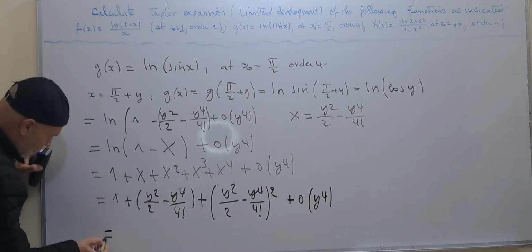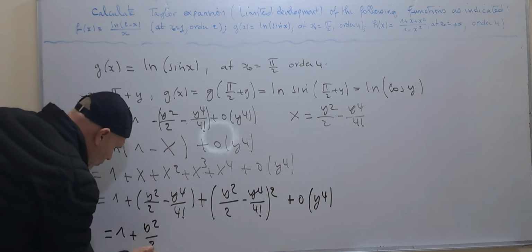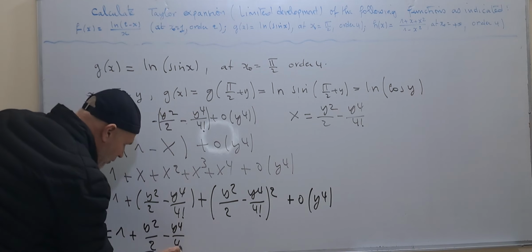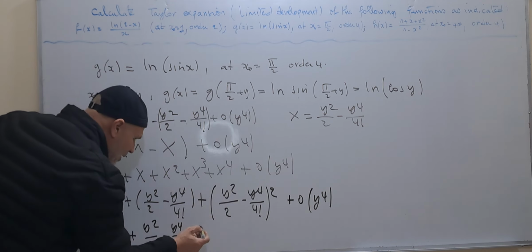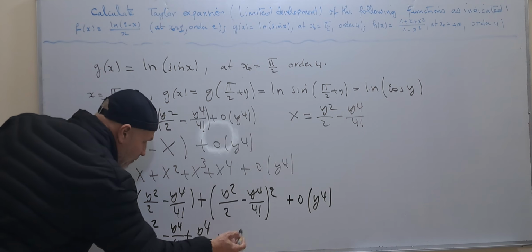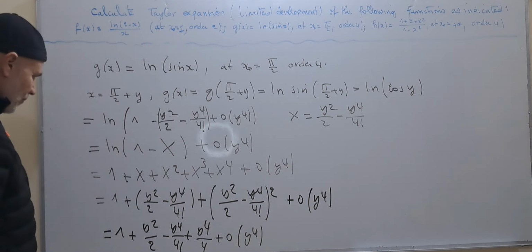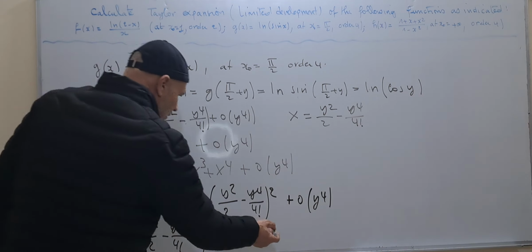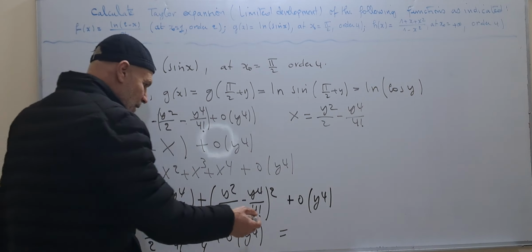And this is equal to 1 plus y squared over 2 minus y power 4 over 4 factorial plus the square, so here we have 4 y power 4 over 4 plus y power 4. This is actually the final result. Just here we have to simplify.